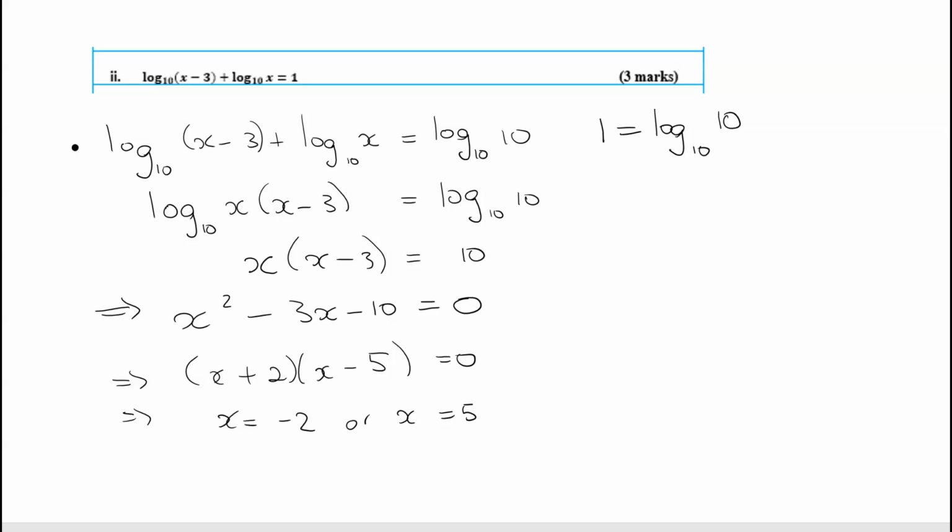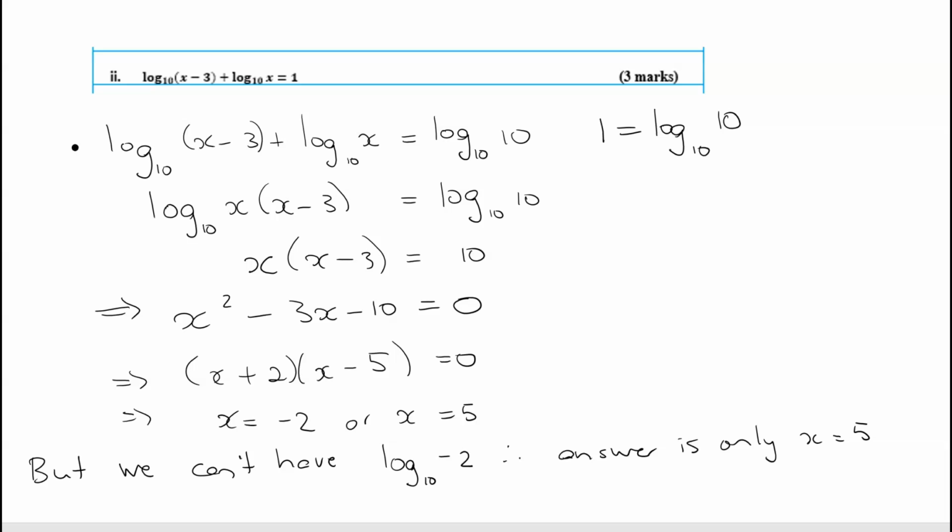Now either you could check your answers and find that -2 doesn't work, or from your knowledge that you can't find the log of a negative number, you need to make some sort of note. So back in that first line, we can't have log to the base 10 of -2, therefore the answer is only x equals 5.